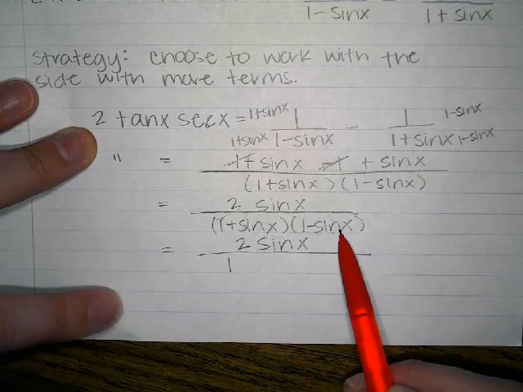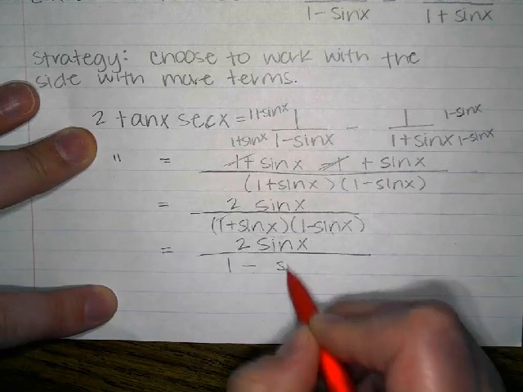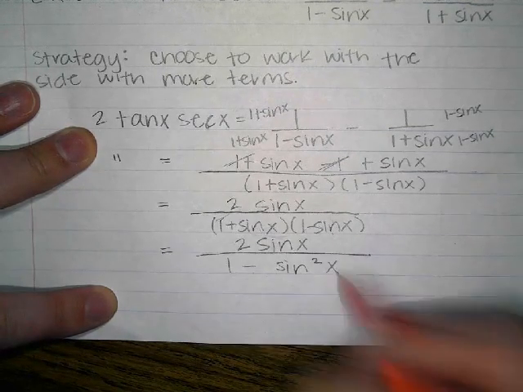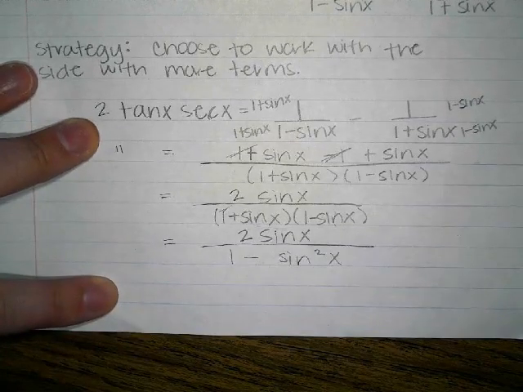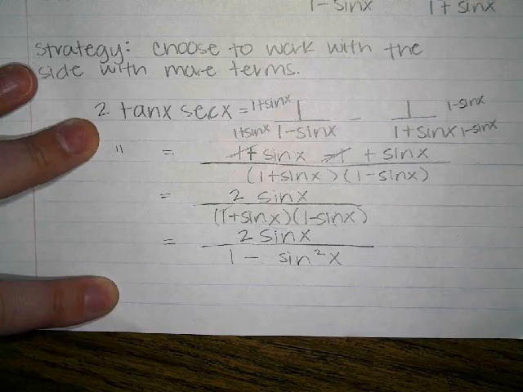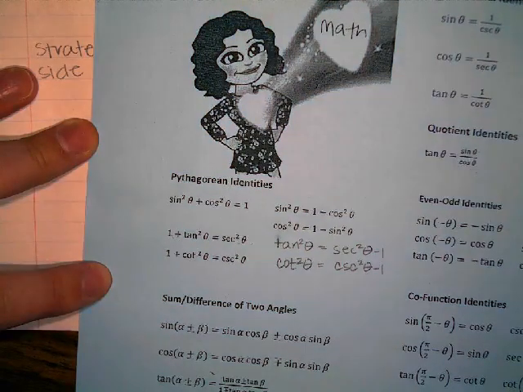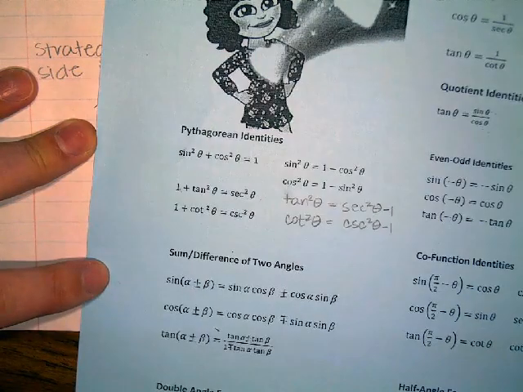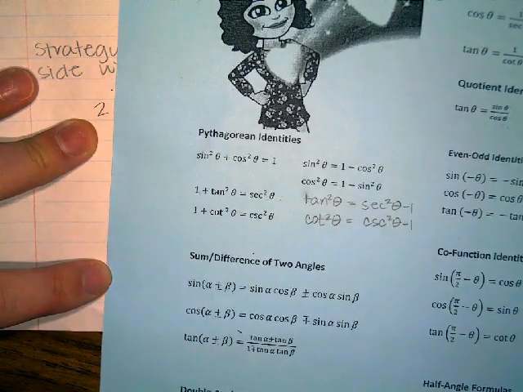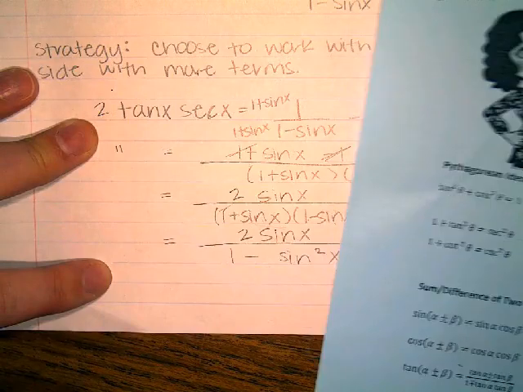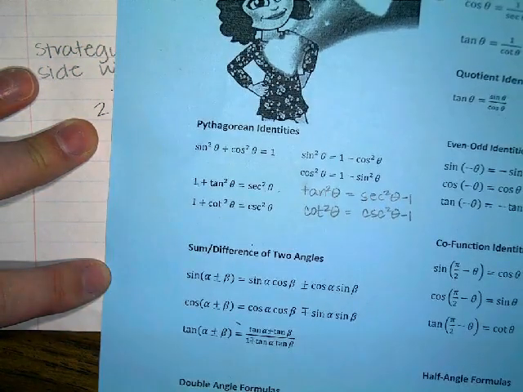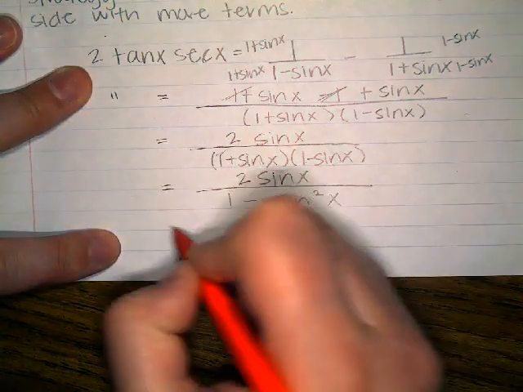Does anything cancel out there? So we've got 1 minus sine squared. What does it turn into? 1 minus sine squared is cos squared. Okay. So we've got a 2 sine x on top, and we've got a cos squared on the bottom.